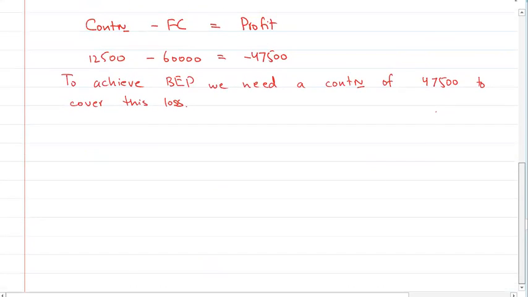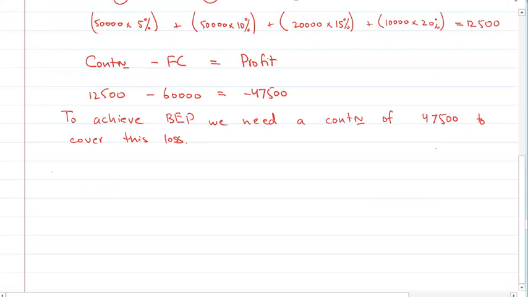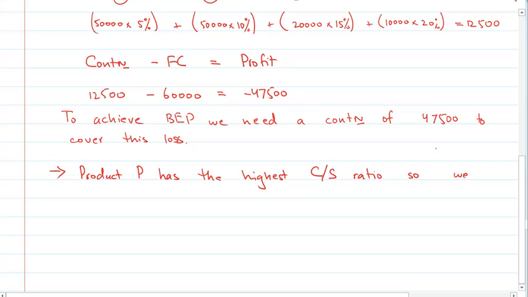So what will be the next step? Product P has the highest CS ratio, so we should sell this first.